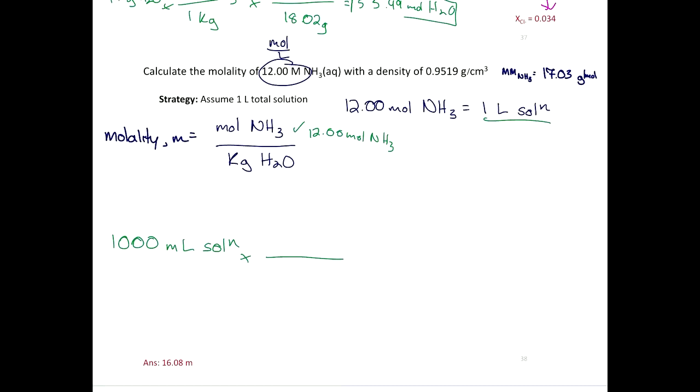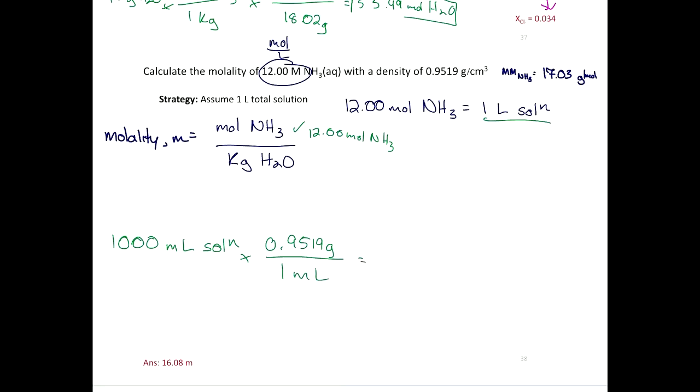Does the 0.95 number go on the top or the bottom? If I'm already in milliliters, it's going to go on the top. So 0.9519 grams of solution is equal to 1 milliliter, same thing as a centimeter cubed.